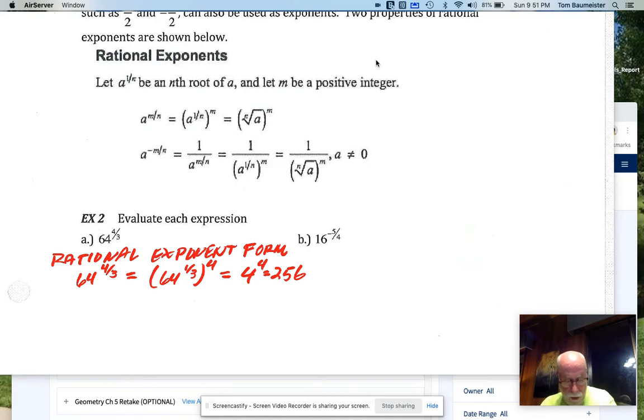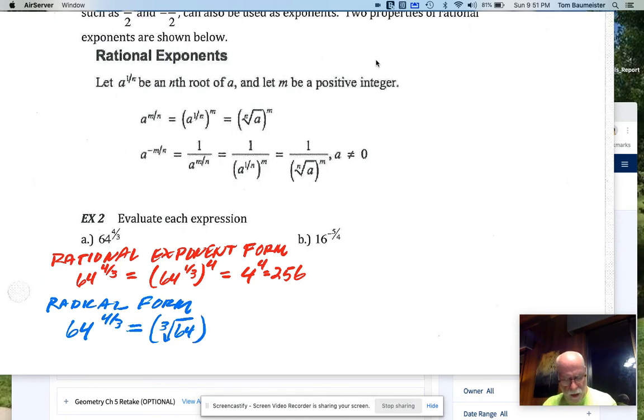If I use radical form, again, it's going to depend on which one you like better. So if I take 64 raised to the 4/3 power, I can write that as the cube root of 64.